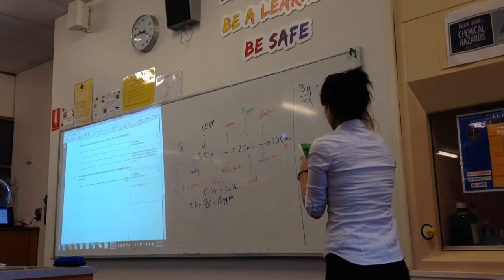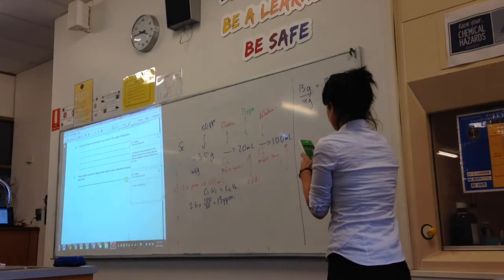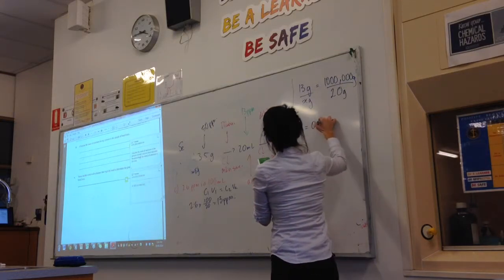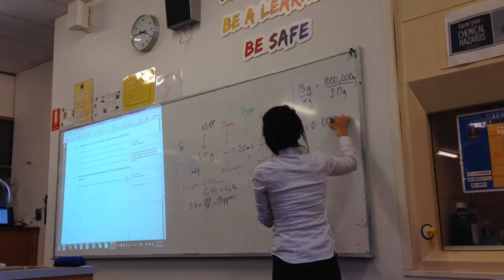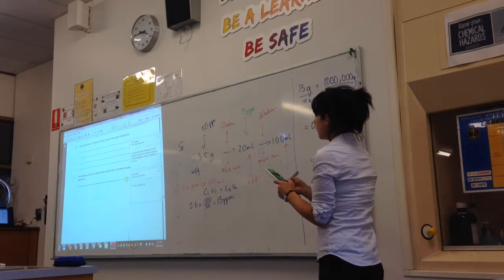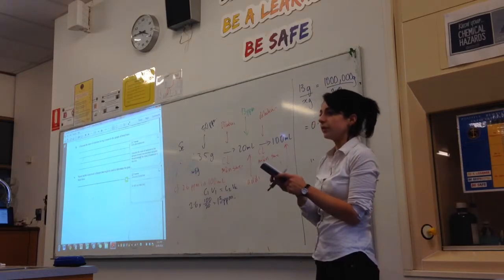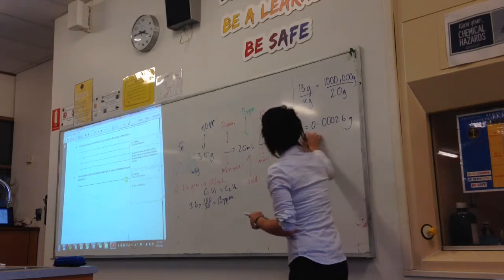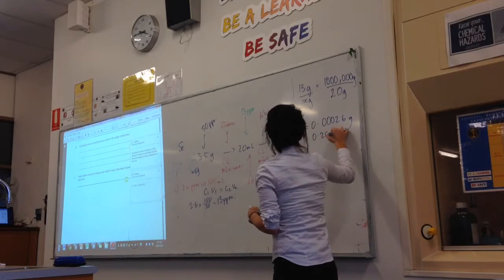So 20 over a million times 13 equals 0.00026 grams, times 1,000 equals 0.26 milligrams.